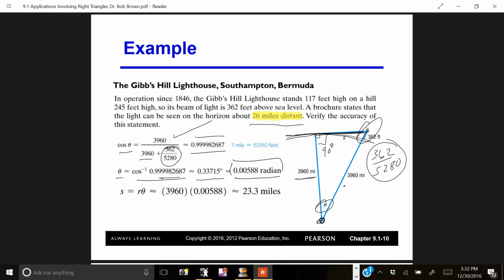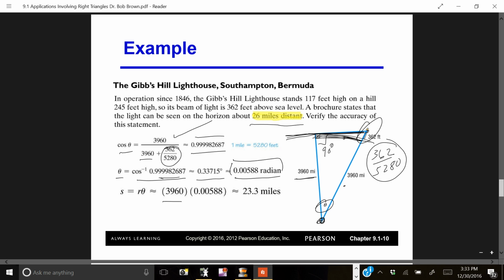That means that the arc length subtended by the angle theta is equal to 3960 times the angle theta in radians, which would be 23.3 miles.